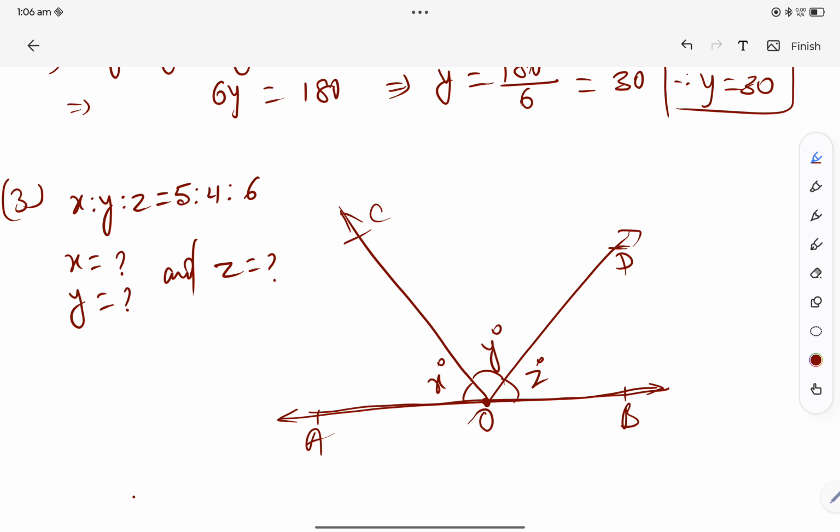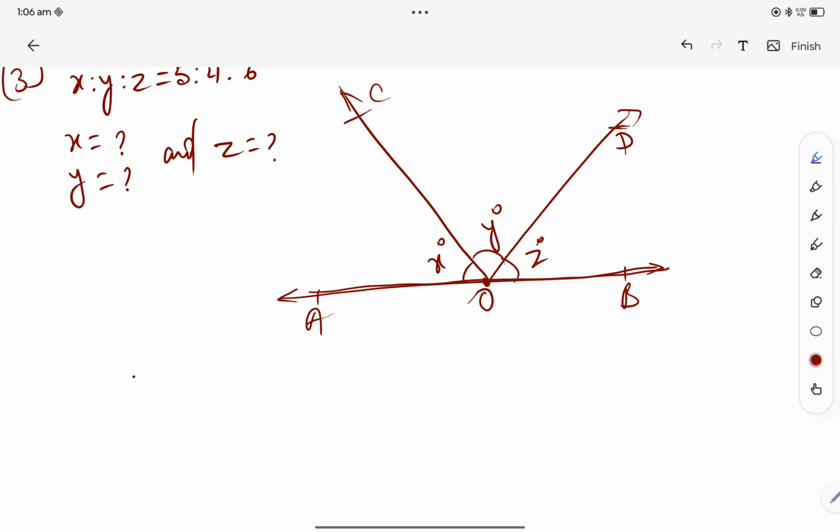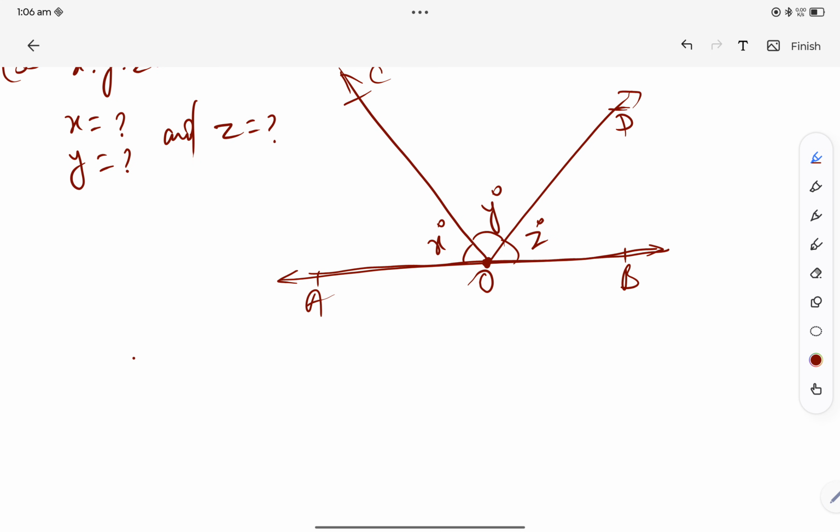तो आइए देखते हैं x, y and z की वैल्यू कैसे फाइंड करते हैं। तो आप जानते हो कि एक लाइन के ऊपर एक पॉइंट के ऊपर लाइन के सेम साइड में जितने भी एंगल्स बनते हैं उन सारे एंगल्स का सम 180 डिग्रीज होता है। तो हमारे पास एक लाइन AB है, इस लाइन के पॉइंट O पर, सो दिस इज द पॉइंट O, जितने भी एंगल सेम साइड में बन रहे हैं उन सब का सम 180 डिग्रीज होगा। दैट इज टू से द सम ऑफ AOC, COD and BOD is 180 degrees.